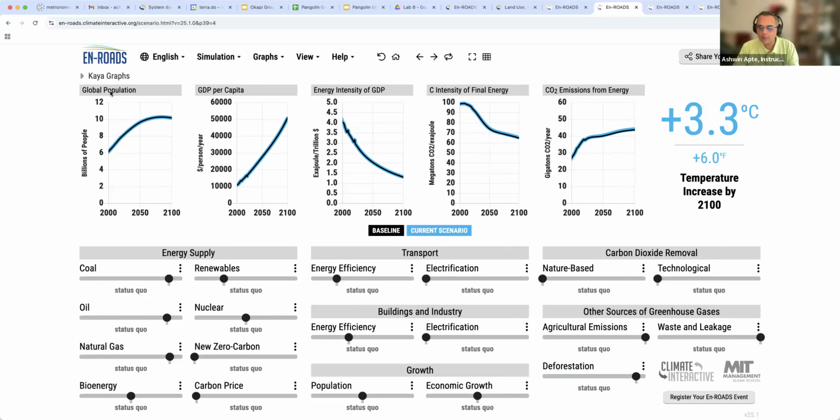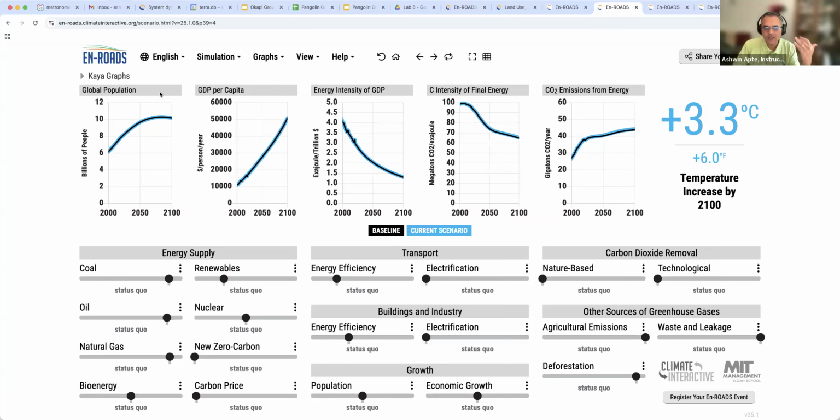What are those 4 factors? One is the population, the number of human beings on Earth. GDP per capita, so the amount of global output per person. So how many people are there and how much consumption happens per person; energy intensity of that consumption, so how much energy it takes to produce goods and services for that consumption; and then how much carbon or CO2 is emitted in producing the energy required for producing those goods and services that each person consumes.